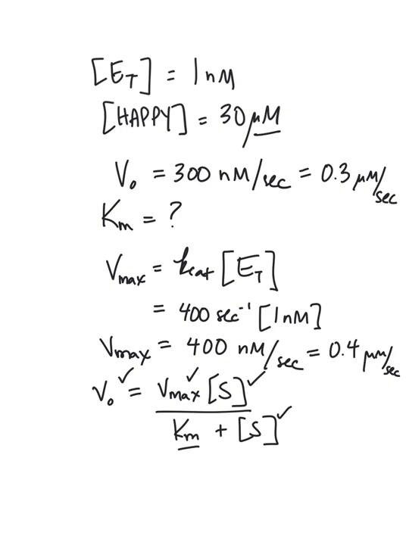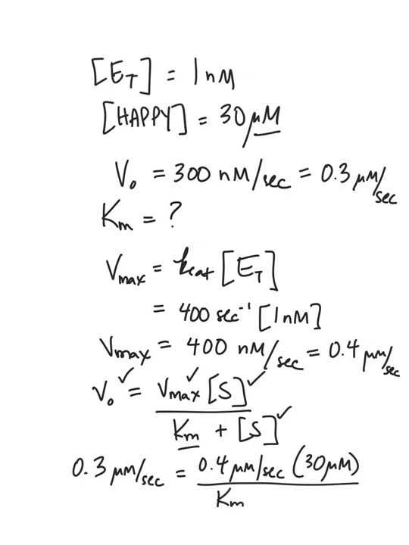So from this point, we can plug in our initial velocity, 0.3 micromole per second. Our Vmax is 0.4 micromole per second. Our substrate concentration is 30 micromolar. Our Km is what we're solving for.